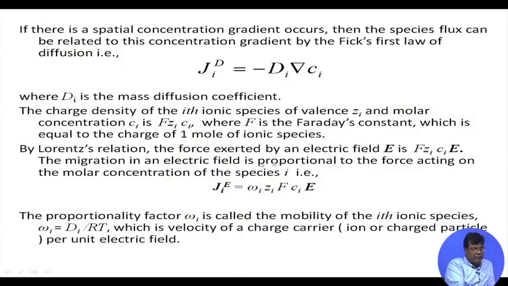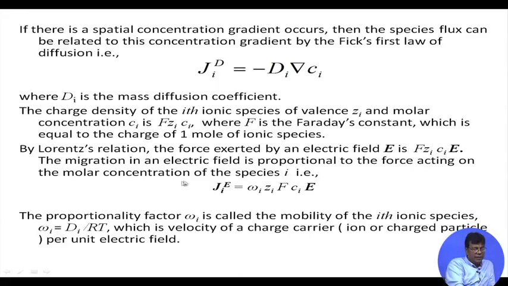That is what we refer to as electromigration. If C_i is the molar concentration of the ith ionic species, it has a charge density F Z_i C_i, where F is the Faraday constant and Z_i is the valence of that ionic species. So, it will have a force F Z_i C_i E.